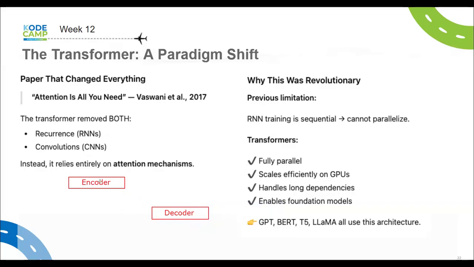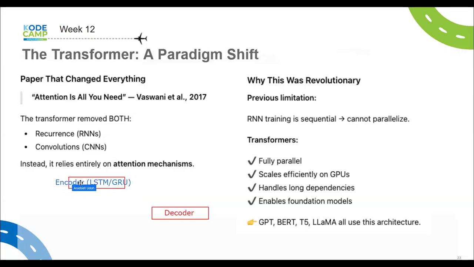Effectively, this encoder and decoder were actually LSTMs, or GRUs, basically sequence models, right? So you have an LSTM or maybe a GRU, or RNN, any of those sequence models that forms your encoder.